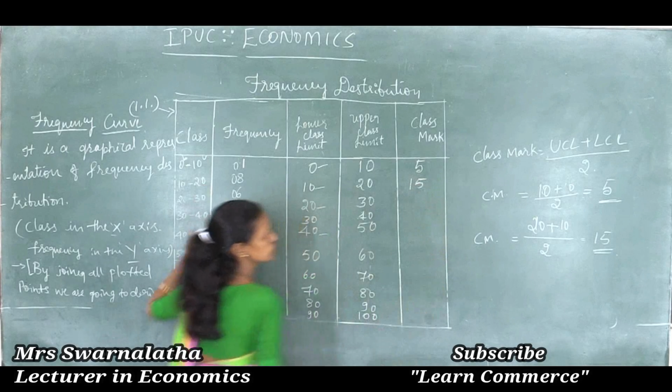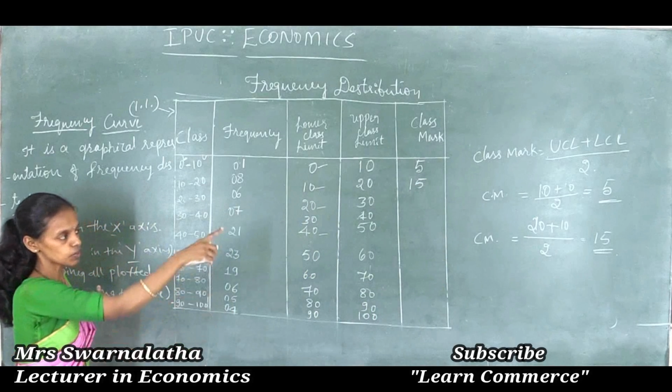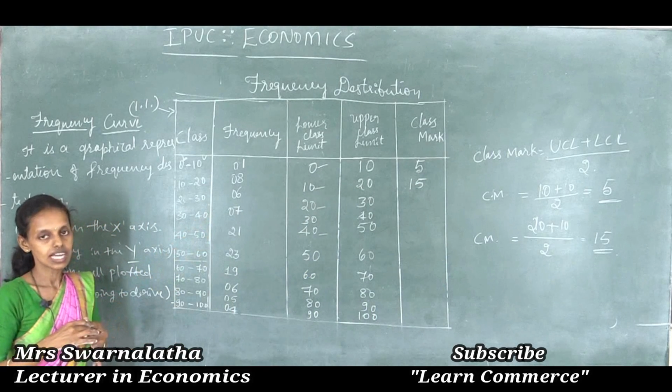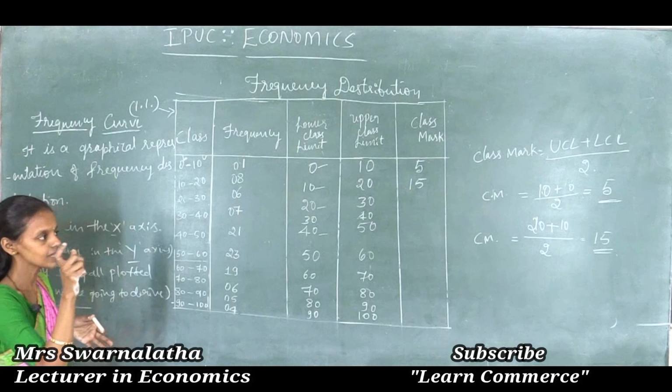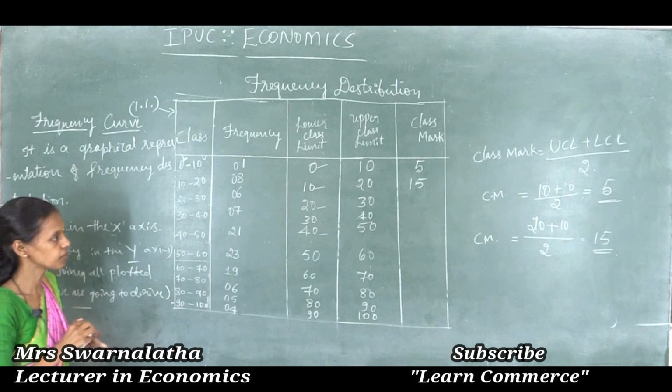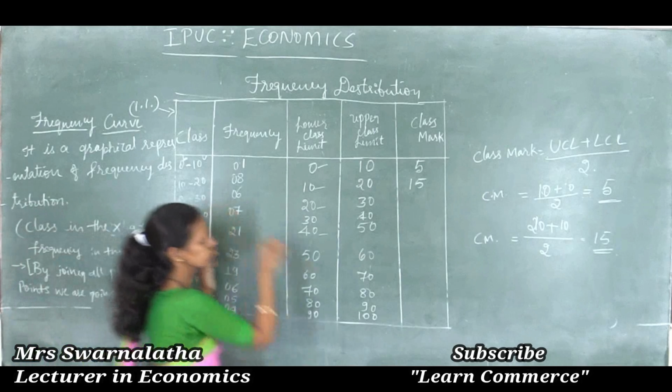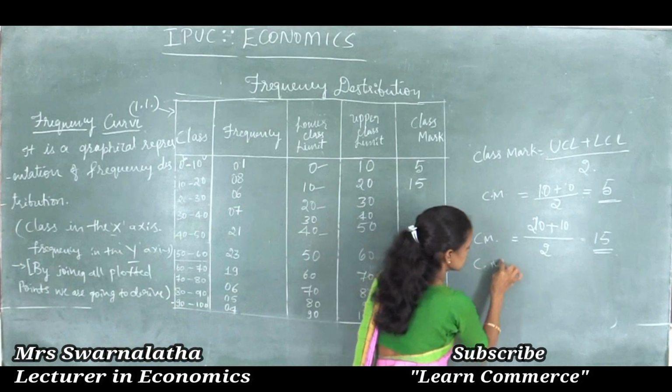As it is, you are going to take the class midpoint with the help of the class mark formula, that is upper class limit plus lower class limit divided by 2. Next one is 20 to 30.